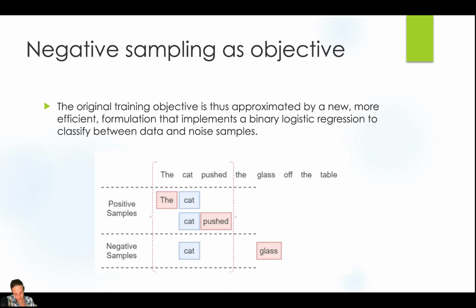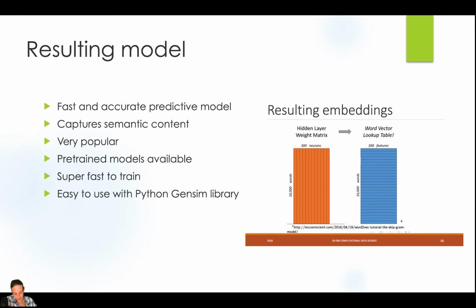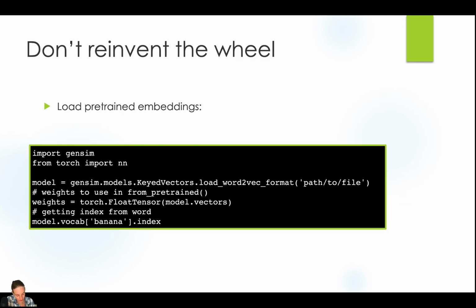Now, if we go back to where we were, the hidden layer here, basically, this weight matrix becomes our word vector lookup table. We use the hidden layer, I repeat, not the output layer, and we use this latent representation, a representation in the middle of a network, as our new word vectors.